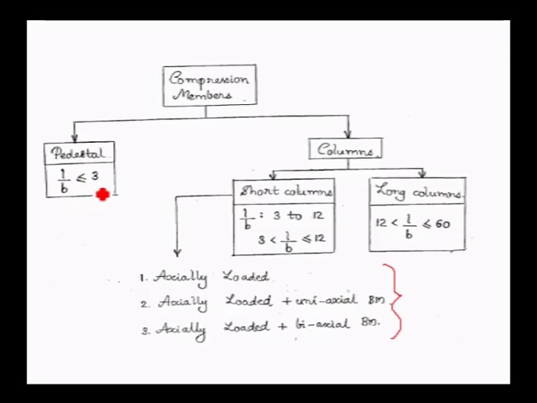If L by B, effective length to least lateral size of the column, is less than or equal to 3, then it is classified as a pedestal. Particularly in this topic, we are discussing columns, that is, short columns. As per the syllabus, we are going to design short columns only.